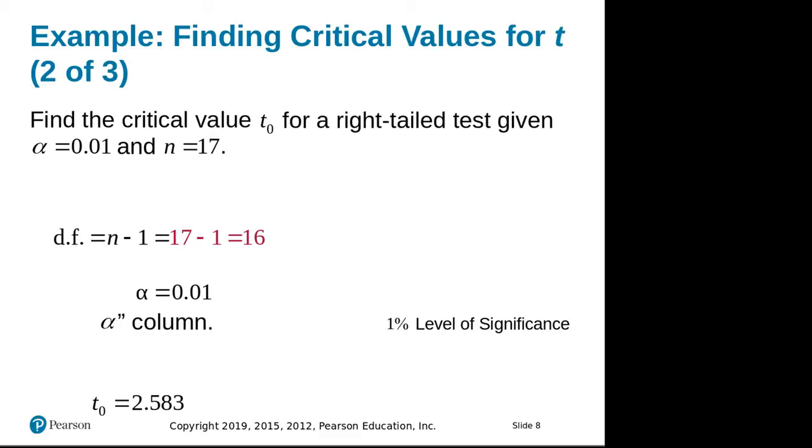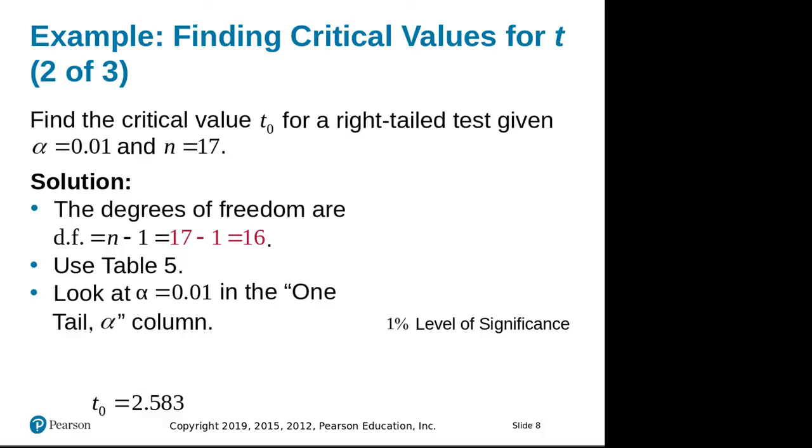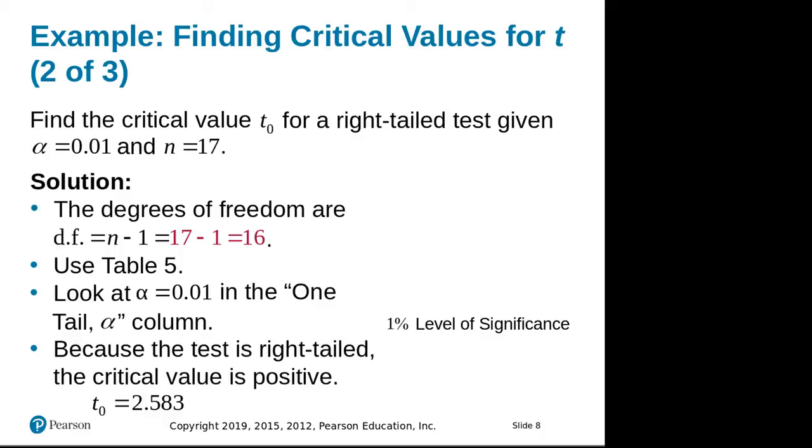All right, so doing the same thing, we have a right-tailed test with a level of significance of 1% or 0.01, and we have 17 samples. So our degrees of freedom is 17 minus 1, or 16. So we're going to come back to our table here.